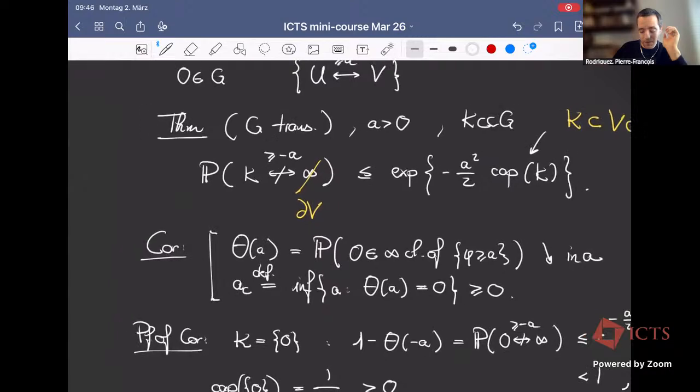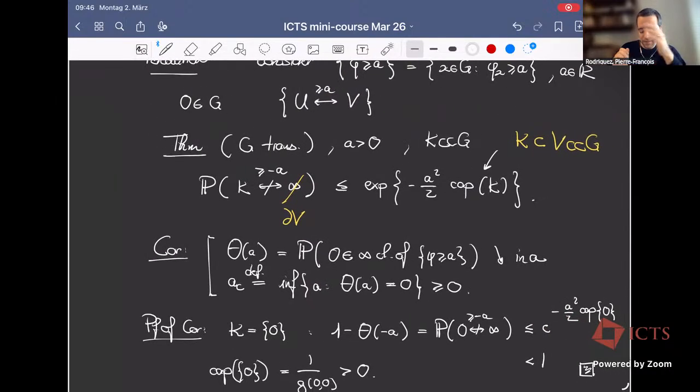So this theorem actually applies to any set K. So if you take, for instance, G equals Z^d, K to be a box of radius n in your favorite norm, say in the infinity norm, then the capacity grows like n to the d minus 2.